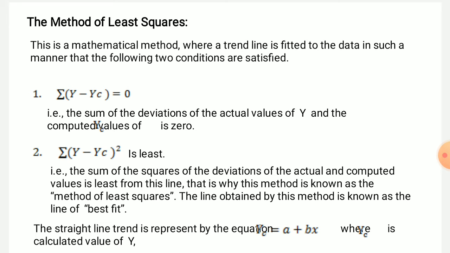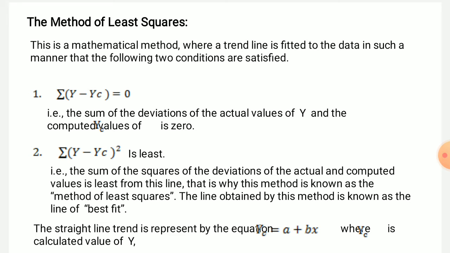By the method of least squares, a straight line trend can be fitted to the given time series data. It is a mathematical as well as an analytical method. With its help, economic and business time series data can also be fitted, and this helps in forecasting and predicting.